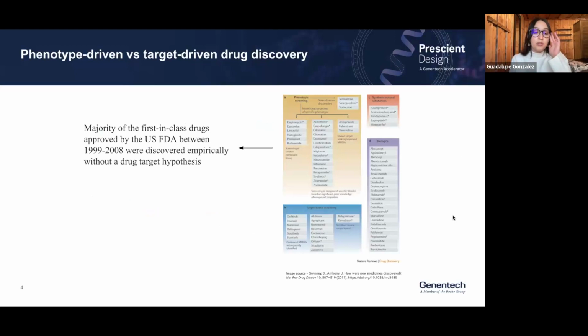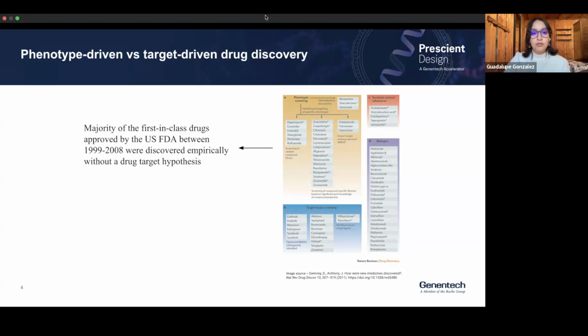However, with the observation that between 1999 and 2008, most of the first-in-class drugs approved by the US FDA were discovered empirically without actually a drug target hypothesis, phenotype-driven approaches started to regain importance and interest by the research community. So our work, PDGrapher, is situated here in the context of phenotype-driven lead discovery.